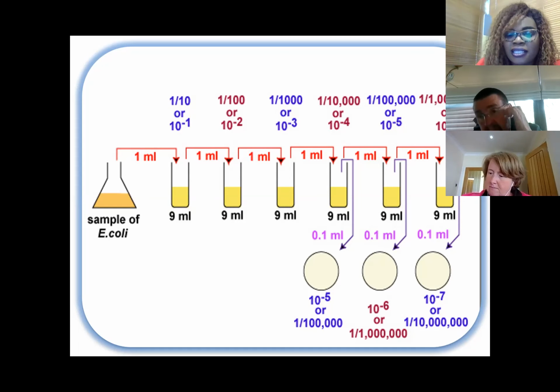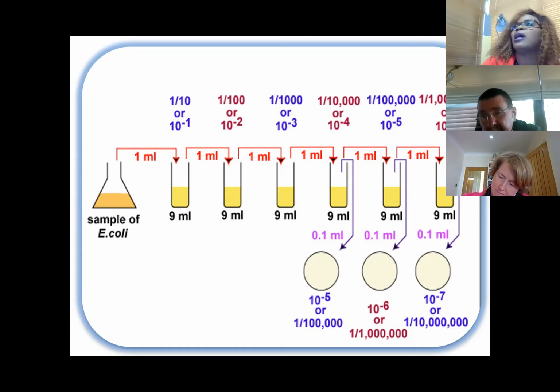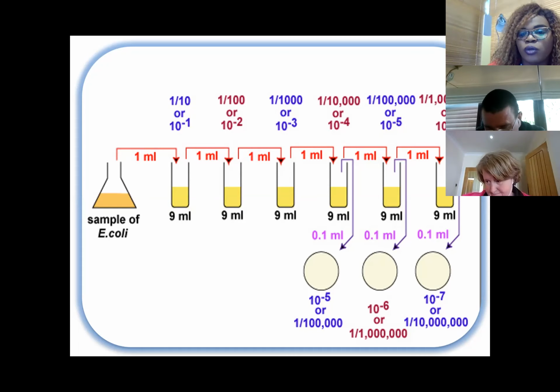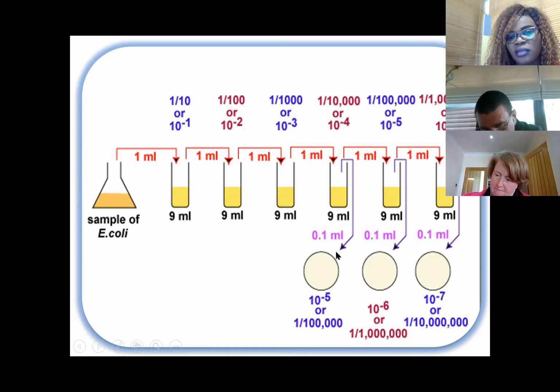Now, if we needed to recall how many we had in the original sample, what we do is plate it on nutrient agar plates, or different types of plates depending on the organism, because they all have different agars, but nutrient agar is a general purpose agar. So this is a 1 in 10,000 dilution.